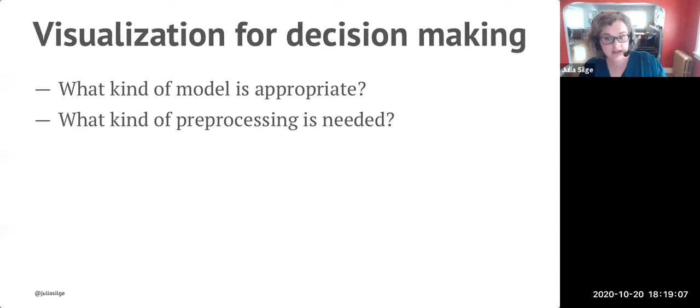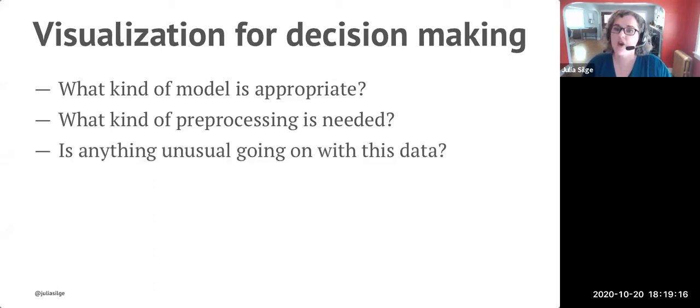And then this feeds into the feature engineering phase that we talked about before, and being able to make decisions about what kind of pre-processing is needed. And all these kinds of questions are ones that machine learning practitioners ask, refine, and answer by making plots during the EDA process. So let's finally take a look at what some of these plots actually look like.